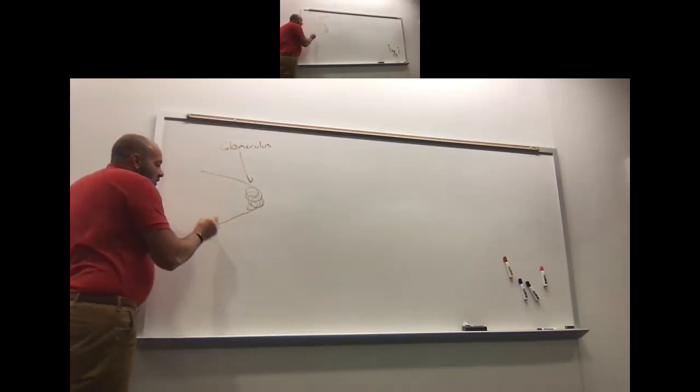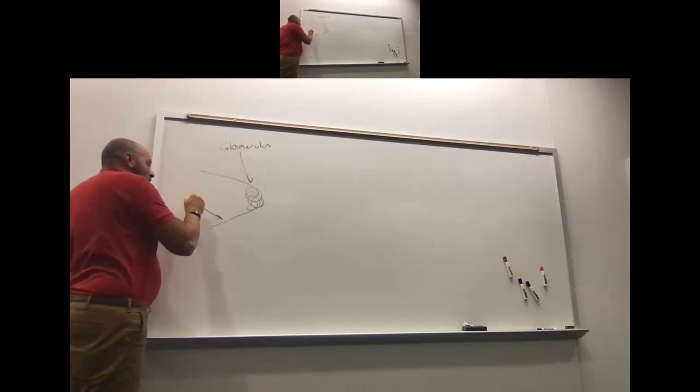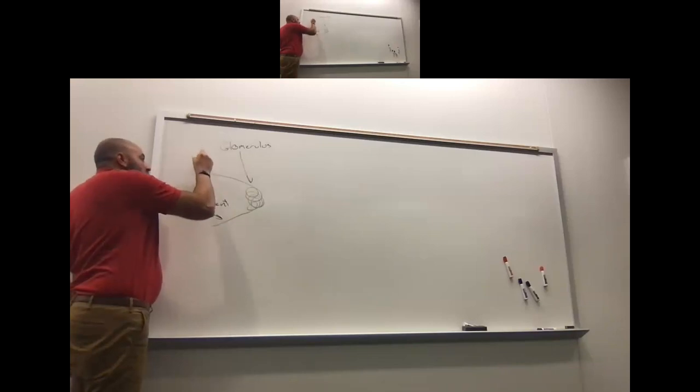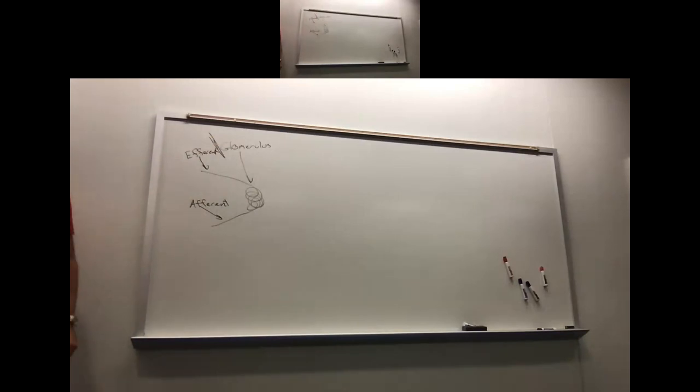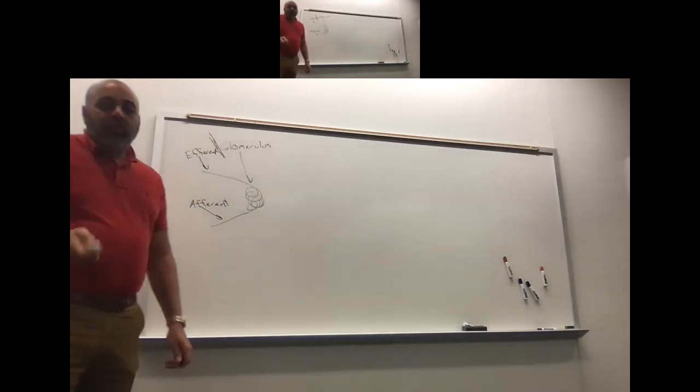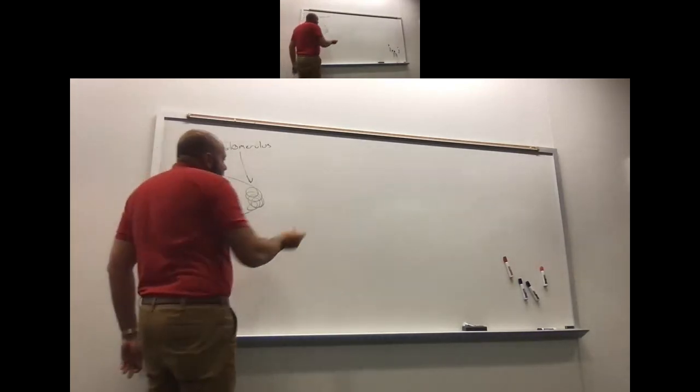Glomerulus. This is afferent. This is efferent. So we don't confuse it. Bowman's capsule has two layers technically.